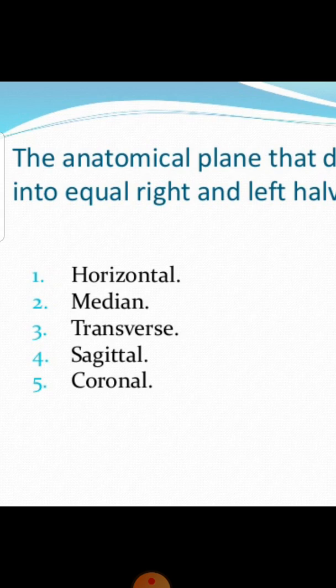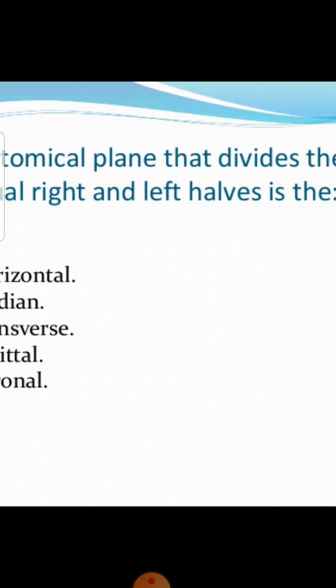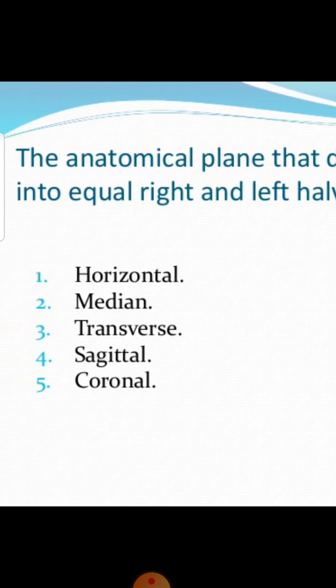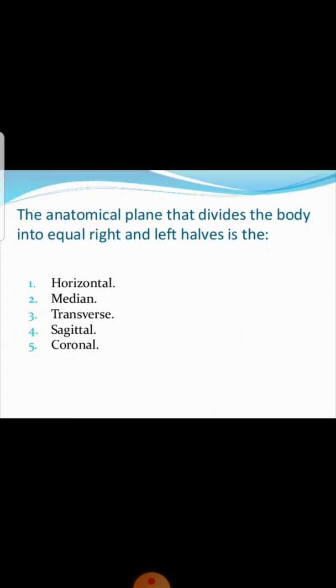The sagittal plane divides the body into two halves, but those halves won't be equal. And the coronal plane, we know, divides the body into anterior and posterior halves. So the right option was the median plane, because they asked about a plane that will divide the body into two equal right and left halves.